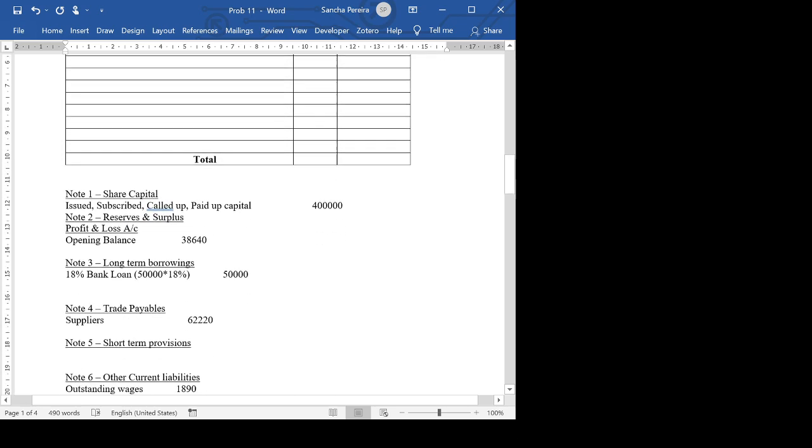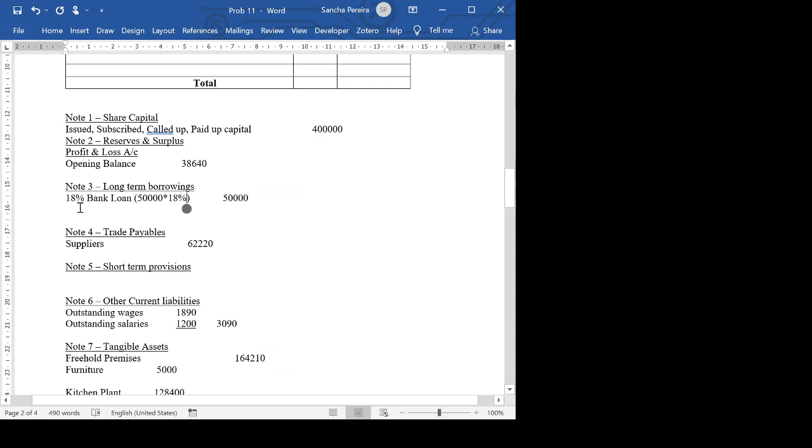Okay, so because of that, there is outstanding interest. What I will do, I'll take this calculation here, put it here, and multiply here into 6 by 12.